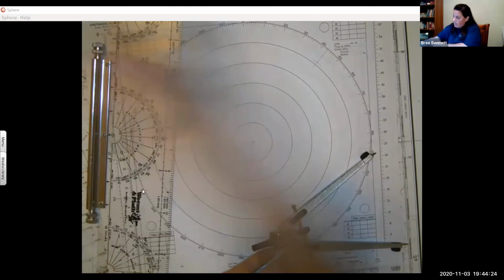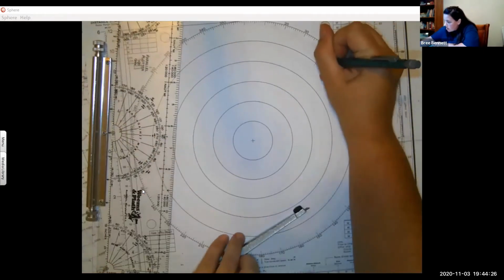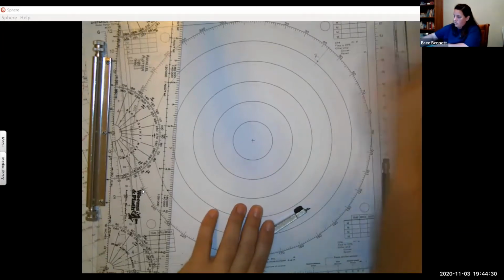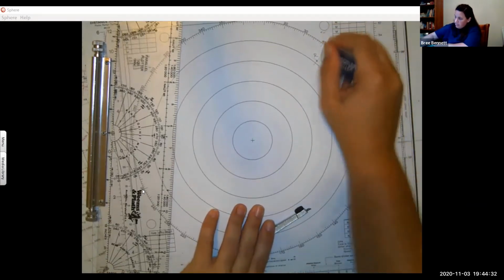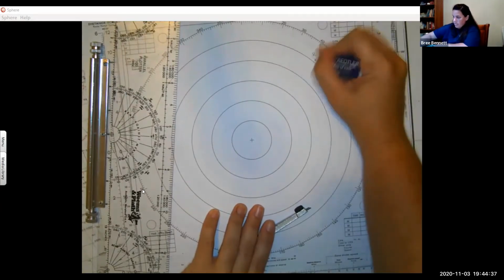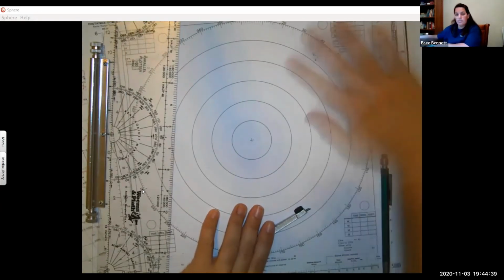Right here is R. I'm going to erase a little bit so it's not as confusing. So I've marked my R.